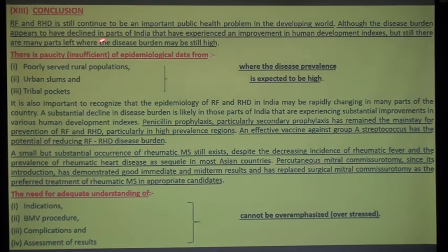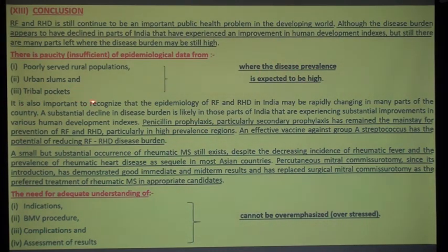Although the disease burden appears to have declined in parts of India that have experienced an improvement in human development indexes, there are still many parts where the disease burden may be high. There is paucity of epidemiological data from poorly served rural populations, urban slums and tribal pockets where the disease prevalence is expected to be high.